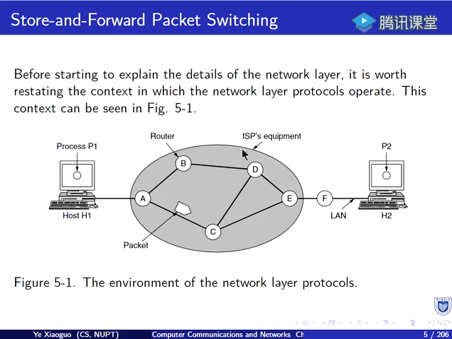These routers are operated by an Internet Service Provider, that is ISP. The overall equipment is called the ISP's equipment. The packets generated by host H1 are delivered along the path, hop by hop, and arrive at H2 finally.